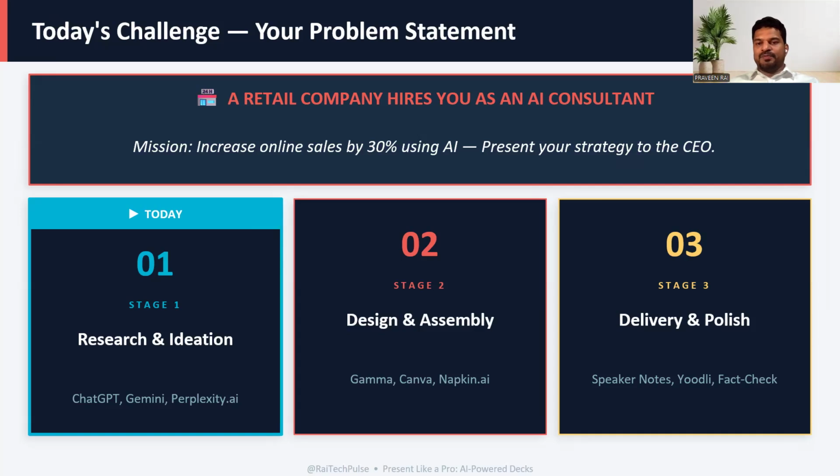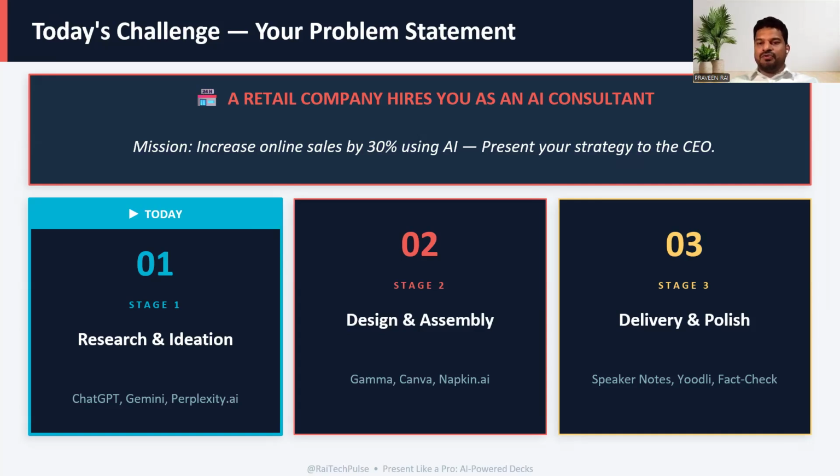Again, here are the 3 steps. Stage 1, we'll do research and ideation using these tools. Then stage 2 in part 3, design and assembly using the Gamma and Canva tools, and even Napkin.ai, which we'll touch upon a little bit.